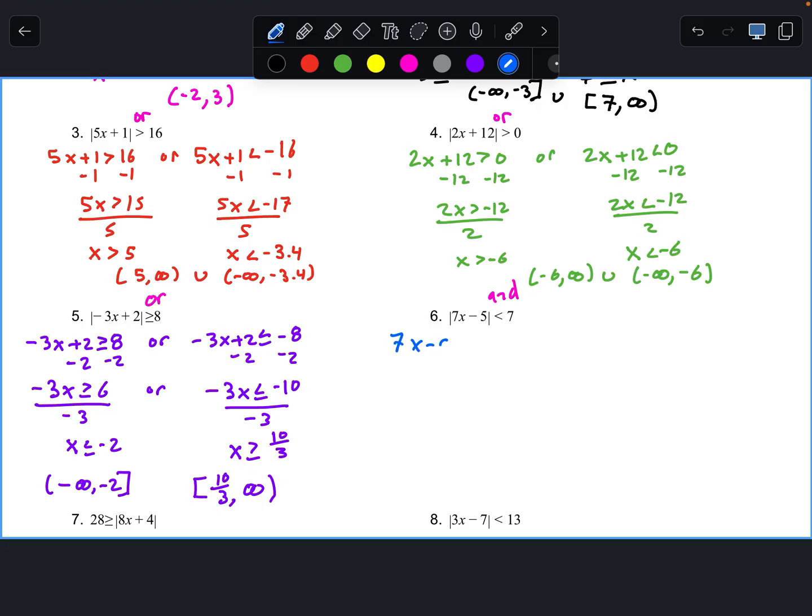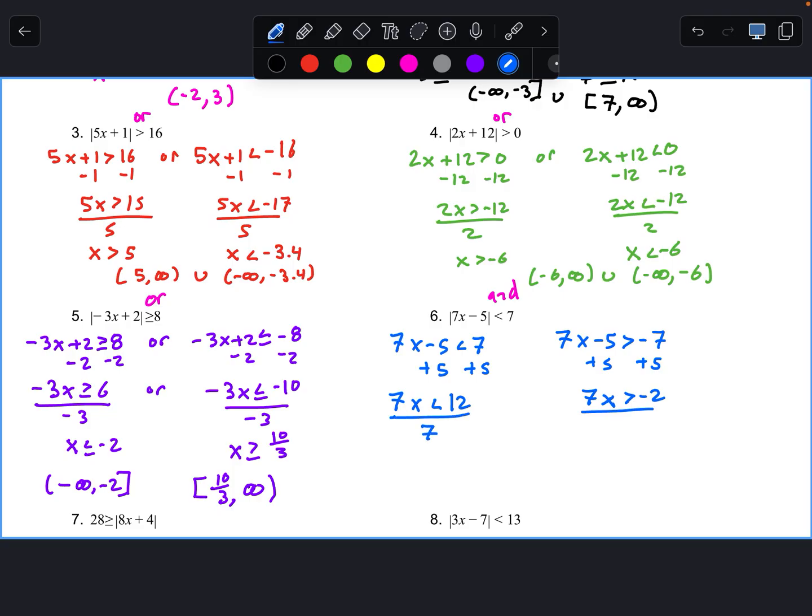7x minus 5 is less than 7, and 7x minus 5 is greater than -7. Now, you might notice with some of these that as you're solving them, you're getting fractions, and that is okay. We can leave our answers as fractions, and it is not a sign that you have the wrong work. I'm going to divide out my 7.